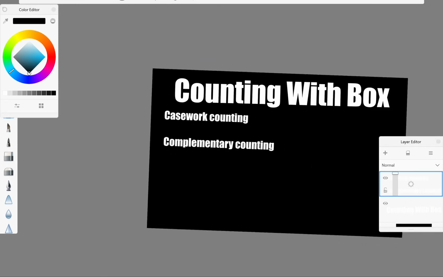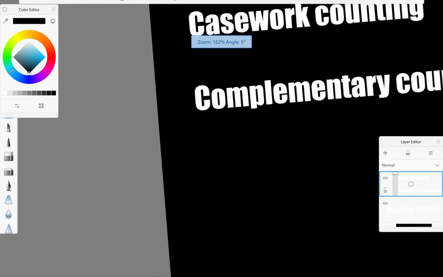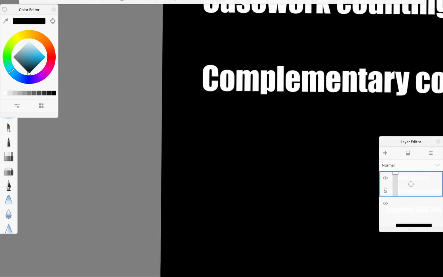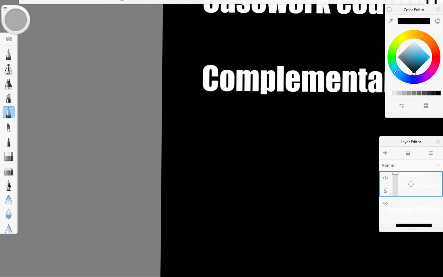I believe we already did some casework in the last episode. However, let's do some more. So let's do a simple problem. Oh no, I want this color to be blue.